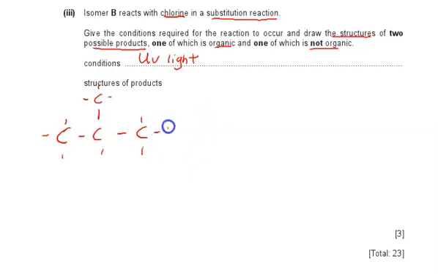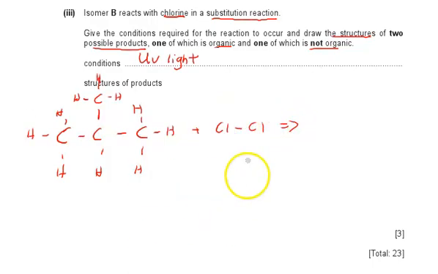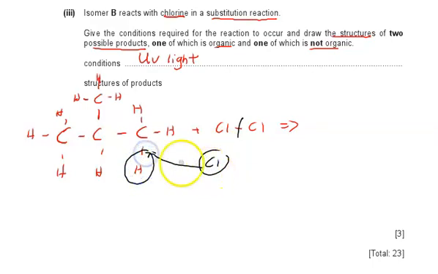Let me take some time to fill in this hydrogen, hydrogen, hydrogen. Okay, and then they will be combined with this chlorine atom. When this one breaks apart, this chlorine will be combined with this one. So it will substitute, it will replace.